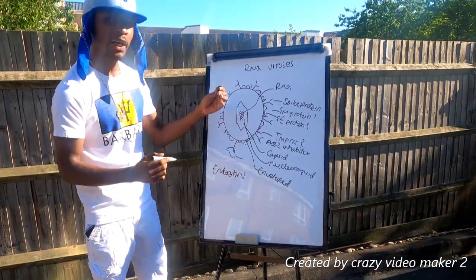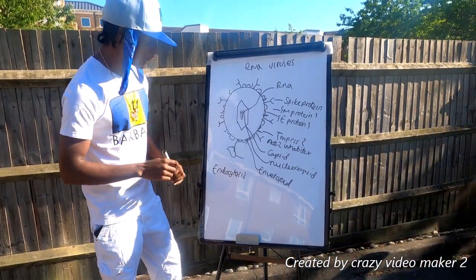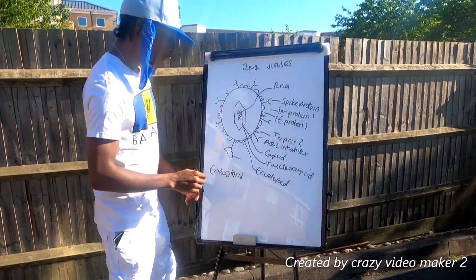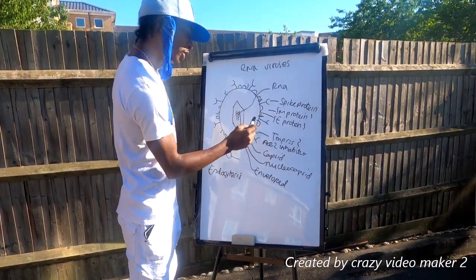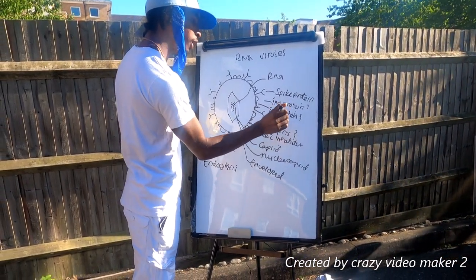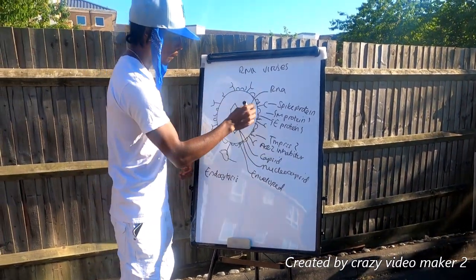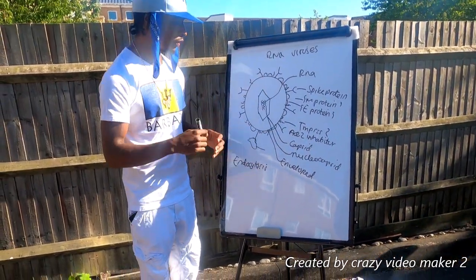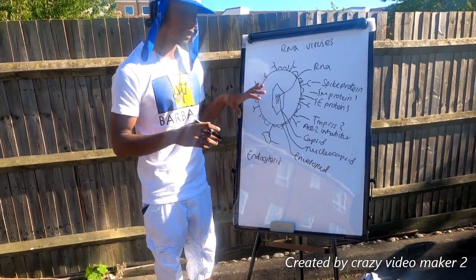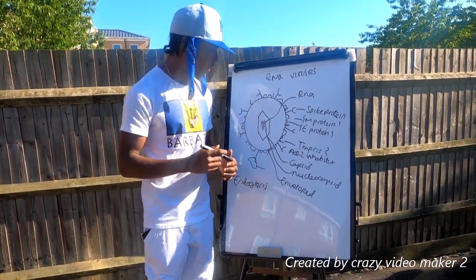This is where the virus enters the cell. So when the information is pushed through via the TMPRSS2, it opens the cell membrane, and this is where the virus actually makes its way into the cell.